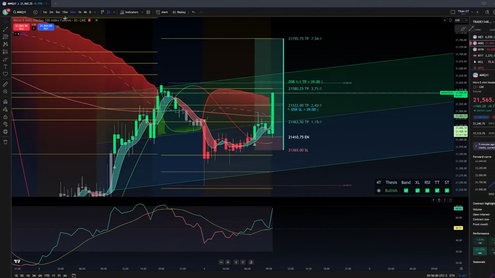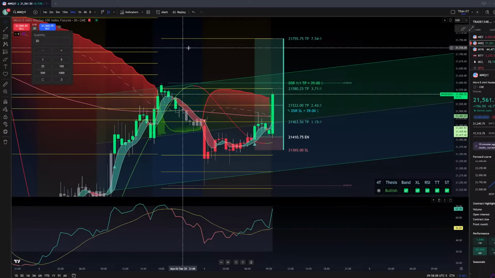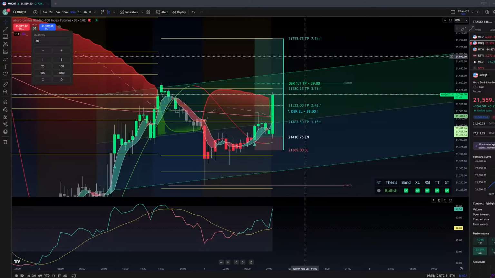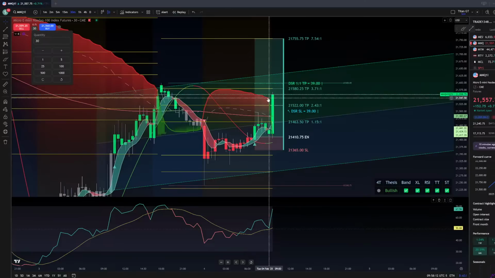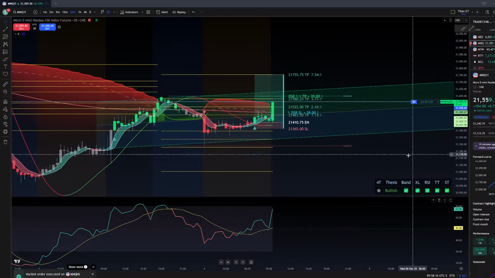But I can go to MNQ and say, okay, on MNQ, 3 contracts is basically 30 MNQ contracts, right? And so we got the break there. And all I'm going to do is I'm just going to buy.